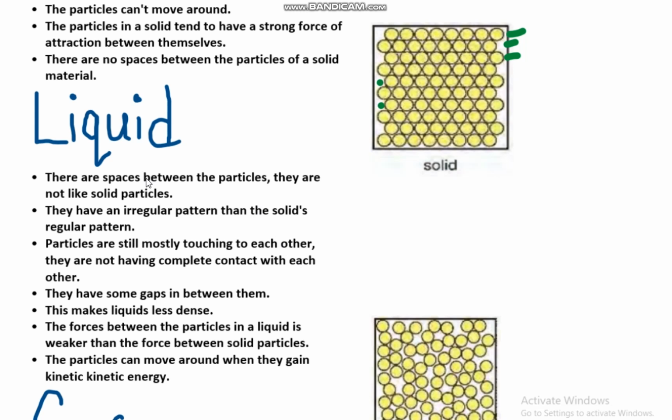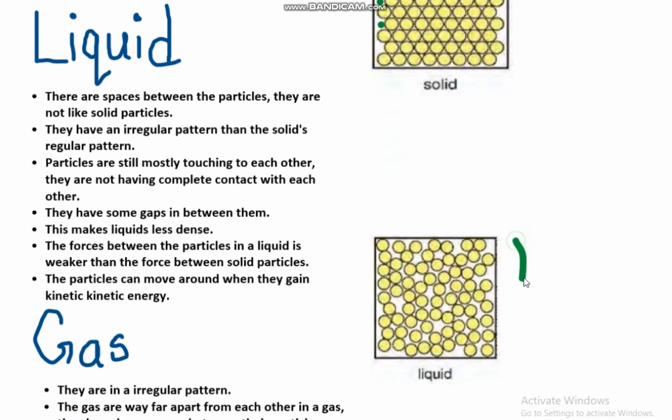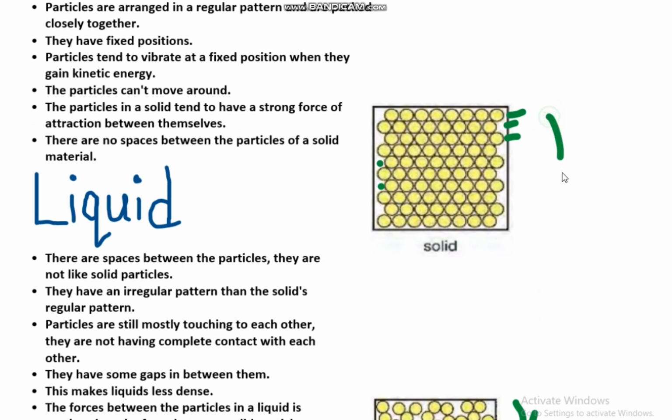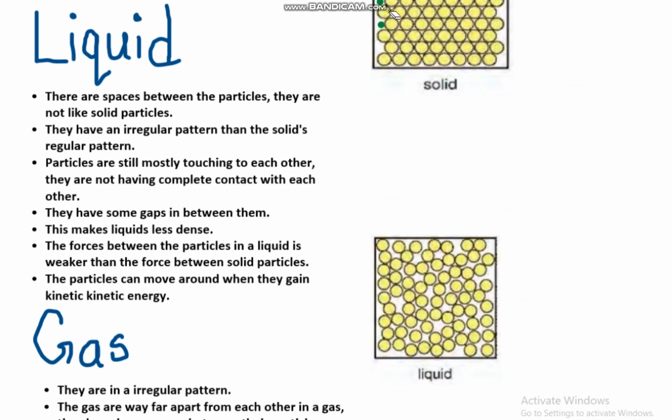Looking at these pictures, they are irregular and have some gaps between them, and they are less dense than solids because of the gaps between the particles. The force of attraction is weaker than between the particles in a solid because they have gaps between them.